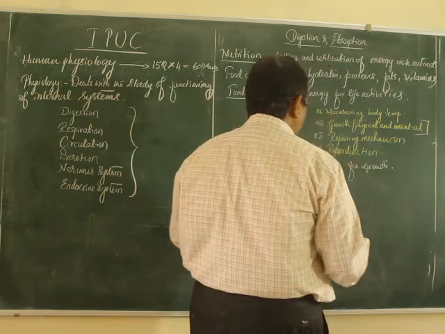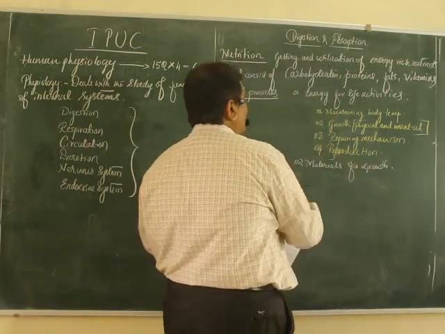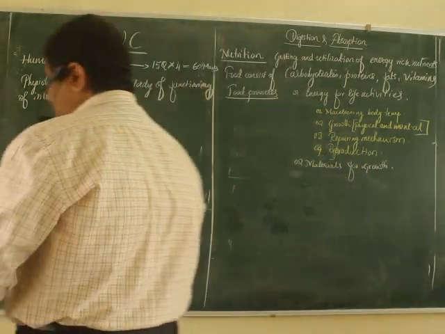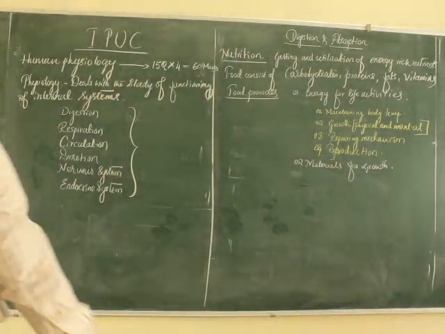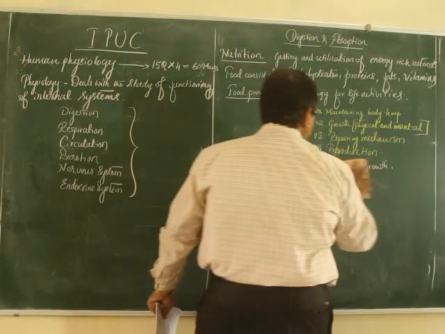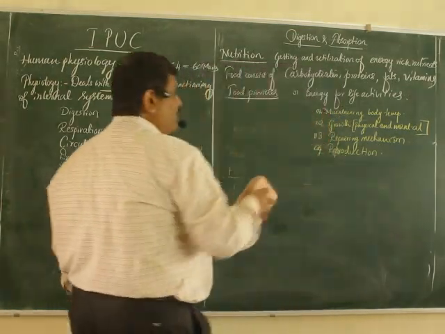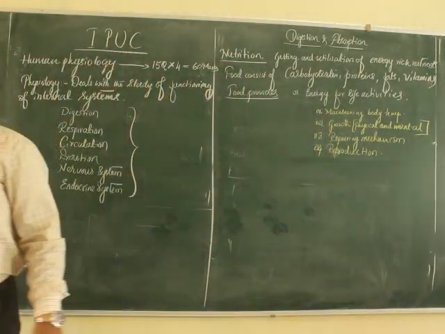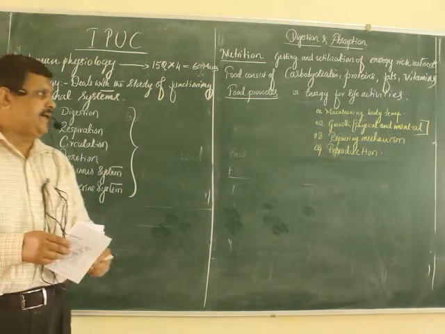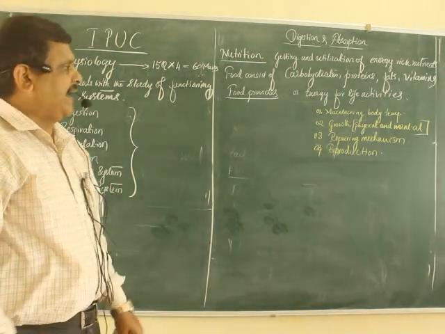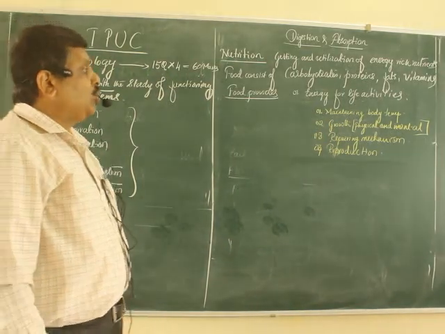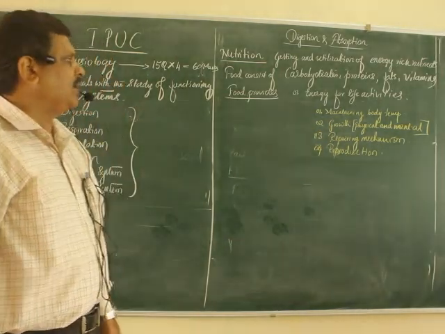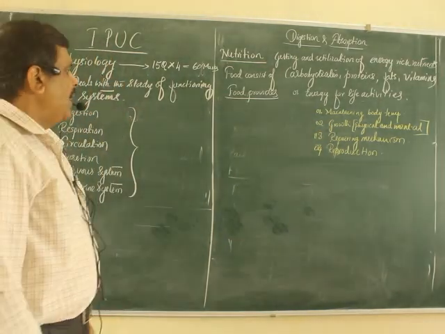Then repairing, I already told you all these things, so you write those down. The energy for life activities is needed for all these things: maintaining body temperature, physical and mental growth, repairing mechanism, and reproduction.